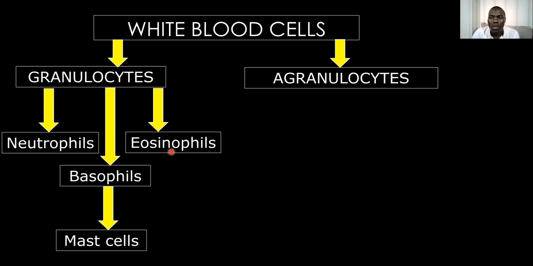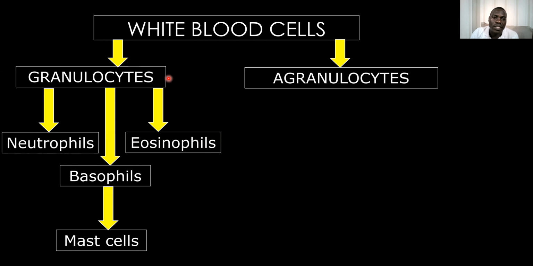Remember, these are the ones we call parasites. So eosinophils offer immunity against parasitic infections. Therefore, whenever we have parasitic infections, you expect eosinophilia, increased number of eosinophils. Whenever we have bacterial infection, you expect neutrophilia, which is increased number of neutrophils.